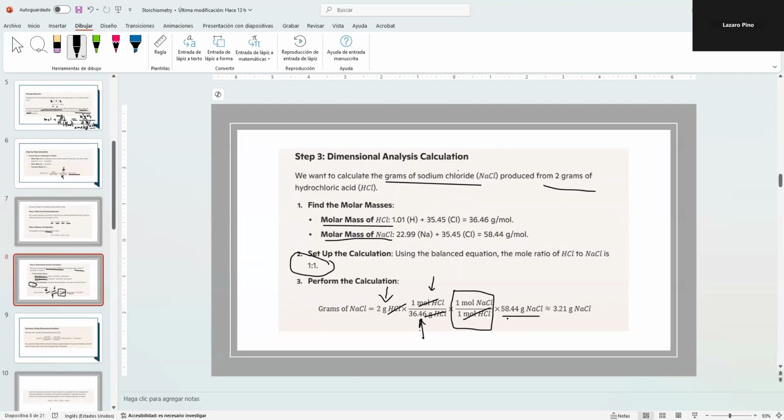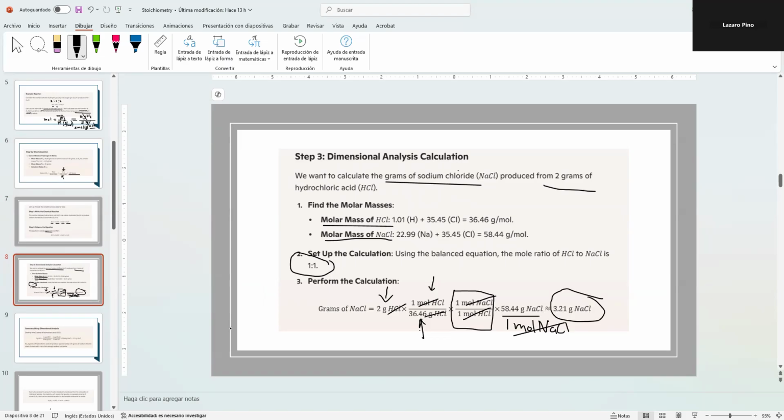So we use the molar mass of sodium chloride that we calculated before, and we can cancel moles of sodium chloride with mole of sodium chloride. And when we do all this calculation, we see that the mass will be in grams of sodium chloride. That is the question. 3.21 grams of sodium chloride.